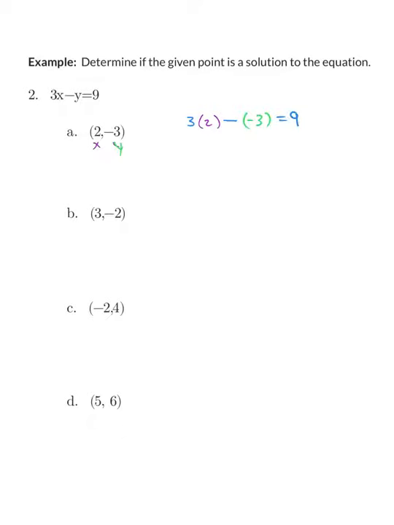Well, we get 3 times 2 is 6, minus -3 is going to become +3, and 6 plus 3 is equal to 9. So 2, -3, this is a solution.